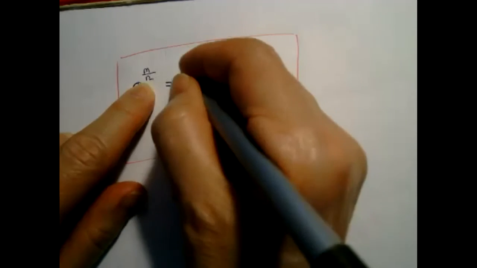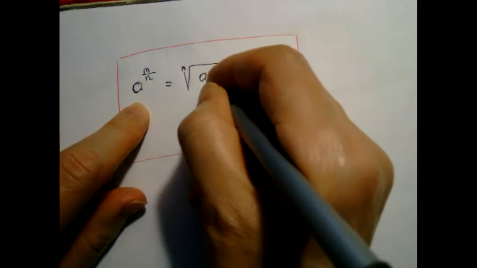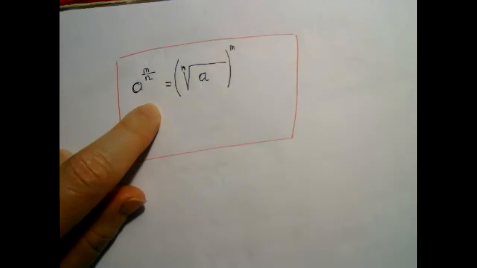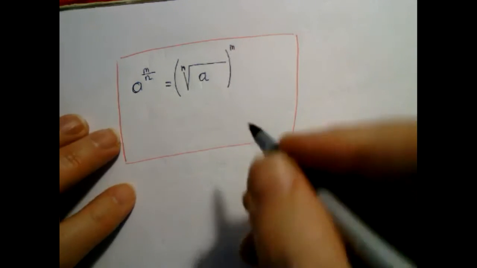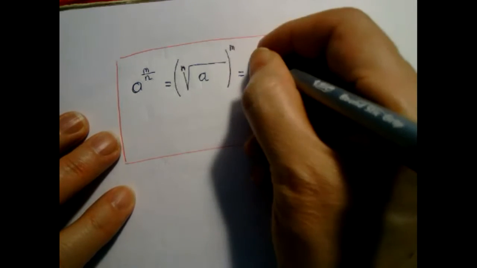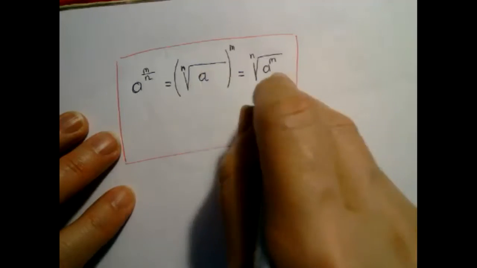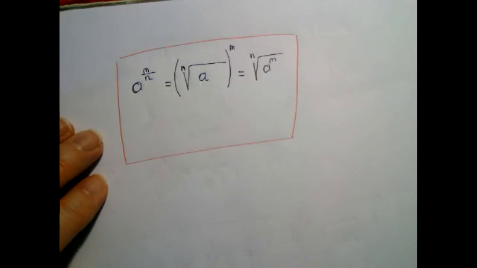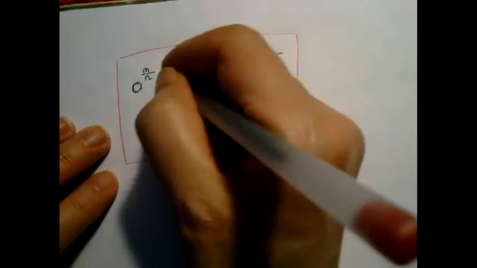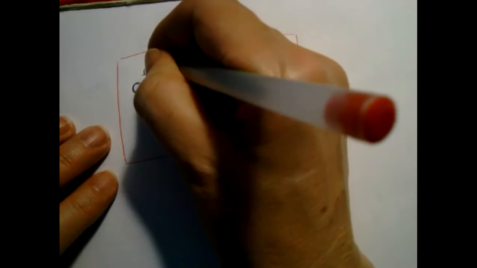The denominator n is the root, and the numerator m gives the power. So it's the nth root of a, raised to the m, or the power can be put inside; those two are exactly the same. So for a to the m over n, the denominator is always the root and the numerator is the power.